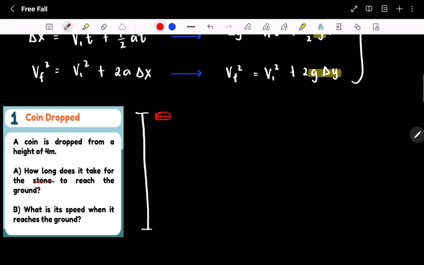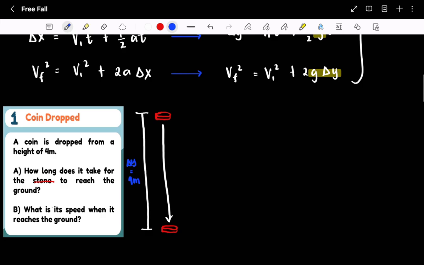The coin will travel the vertical distance and reach the ground. We should note that some values are given. The vertical height is equal to 4 meters, and that's the only value given.